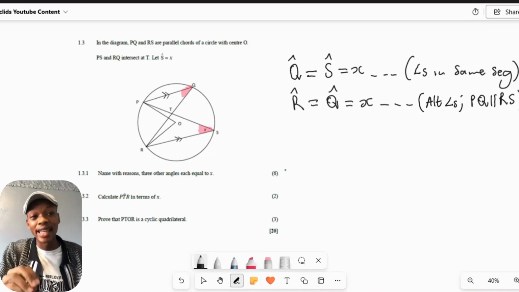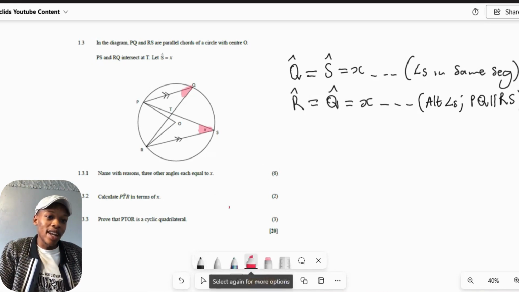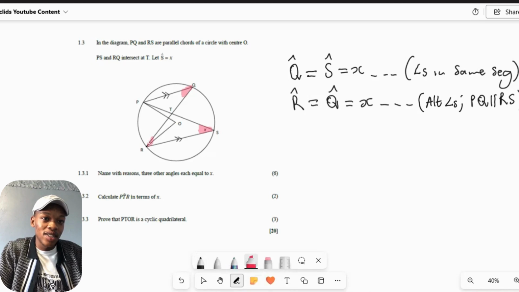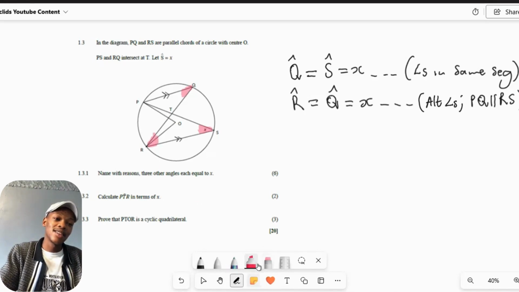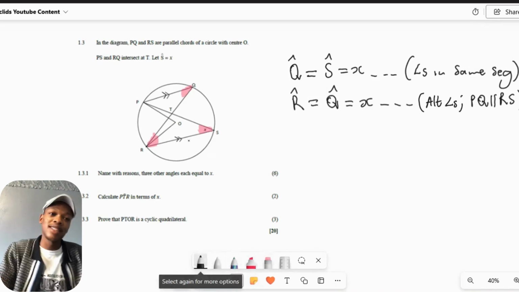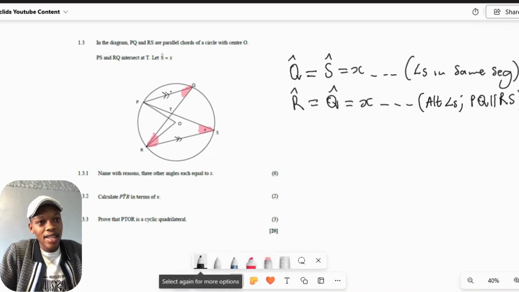Okay, the last one. Let's go and highlight this one. Can you see this? Right. Again, same segment. Or you can go for alternating. Here is a Z again.